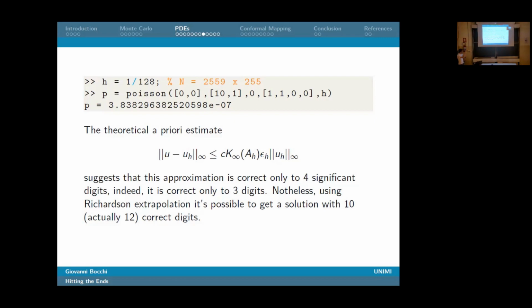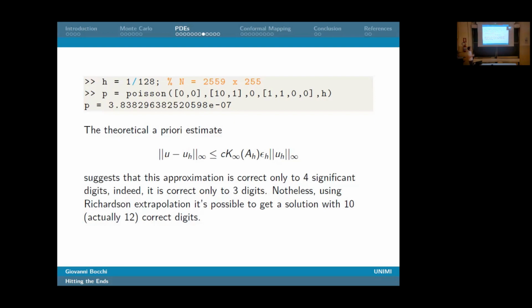By revising this inequality a little bit, we get that the approximation above should be correct, but only to 4 significant digits. Indeed, it's correct just to 3 digits, so the 3, the 8, and the 3.